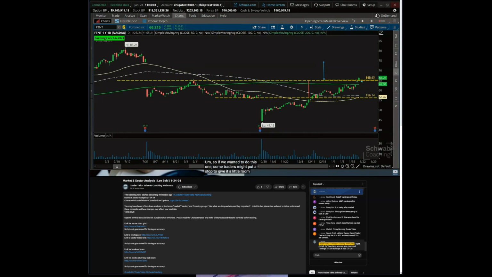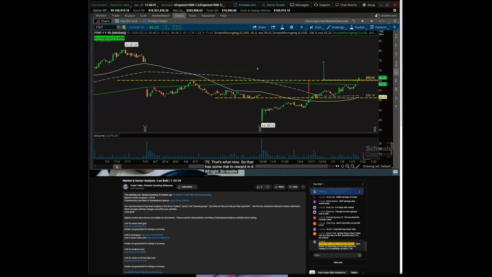So you'd have to break the resistance and you'd have to break the 200-day. So there you'd be risking about, this is 63, it's at 66, so roughly 3 points to make roughly 66 to 75. That's what, 9? So that has some risk to reward in it. All right. So maybe we can do that.